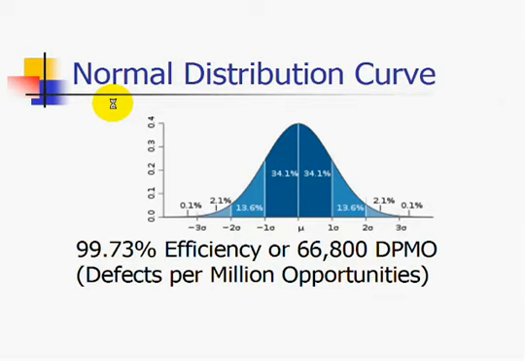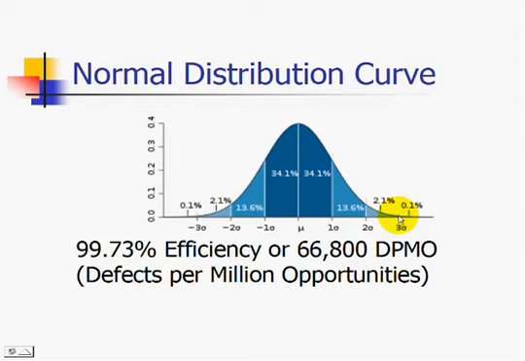Now, the normal distribution curve looks like this, and you may have seen this if you've taken college courses in statistics. Most things have a normal distribution curve like this, and what that means is out of a certain amount of pieces made, or opportunities, 99.73% are going to fall in this section right here, from this 3 sigma all the way over to this 3 sigma.